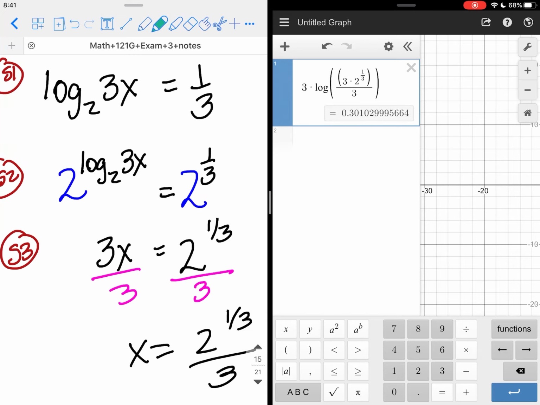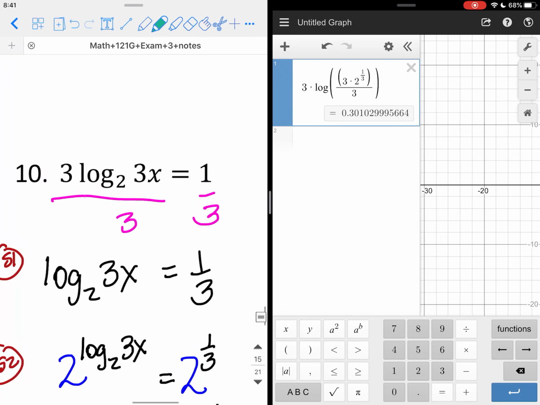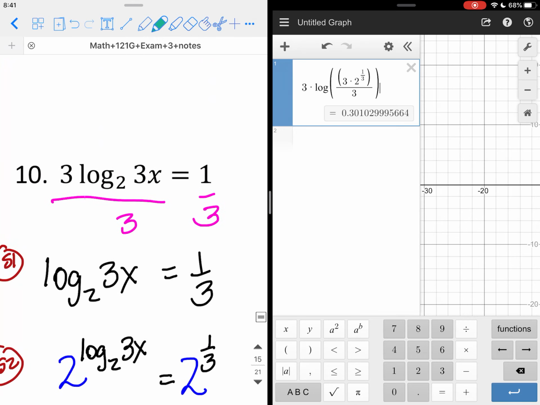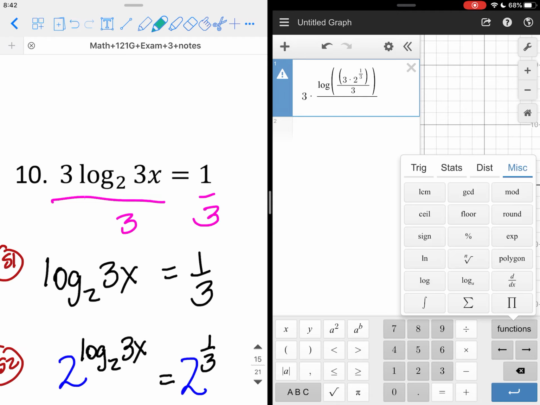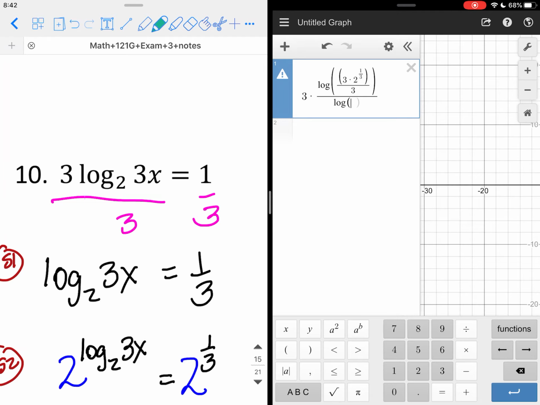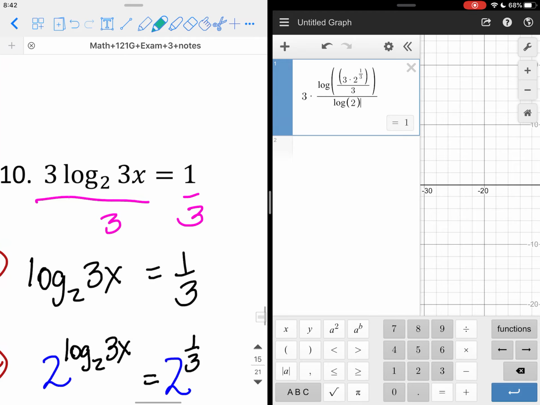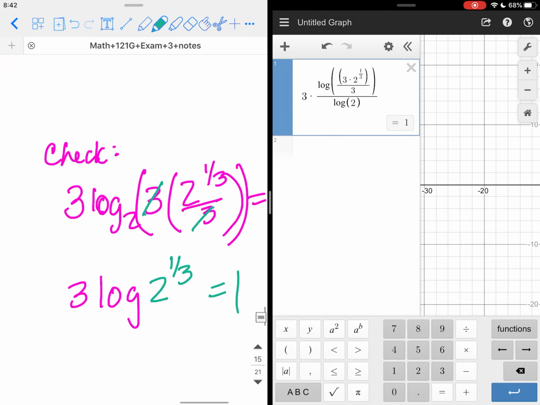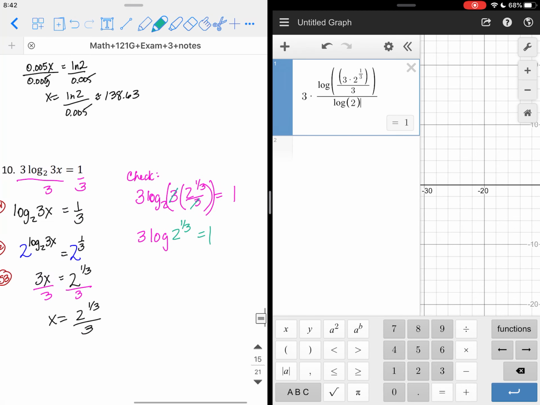Divided by 3, that's what I need. So coming up here, 3 times the log of 3 times x, and then I need to divide it by the log of 2. And again, that's because I'm using the change of base formula, and I do in fact get 1.